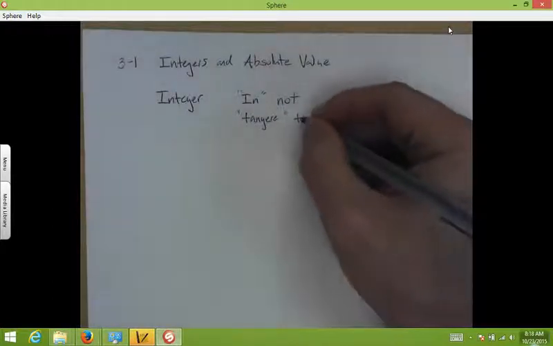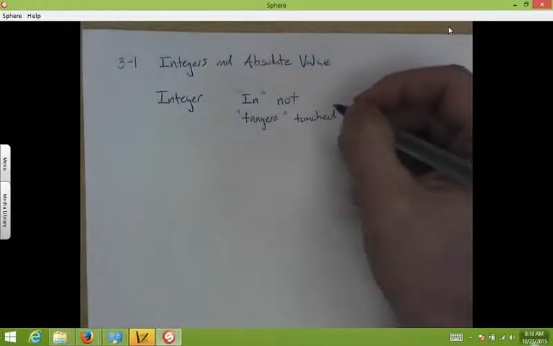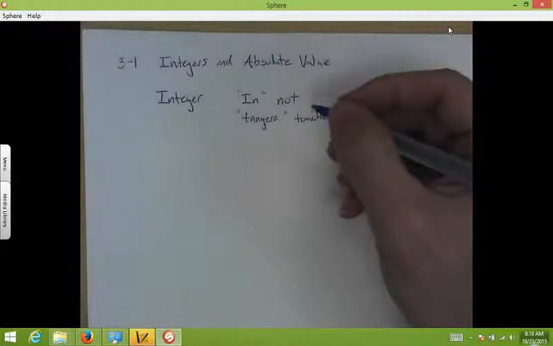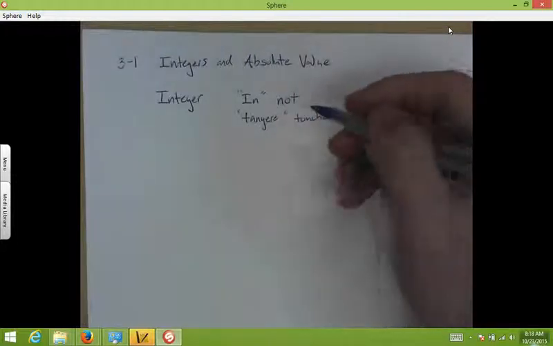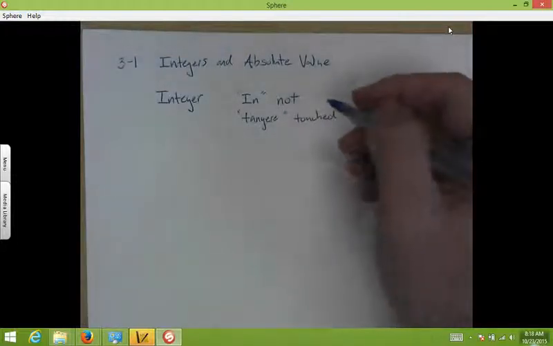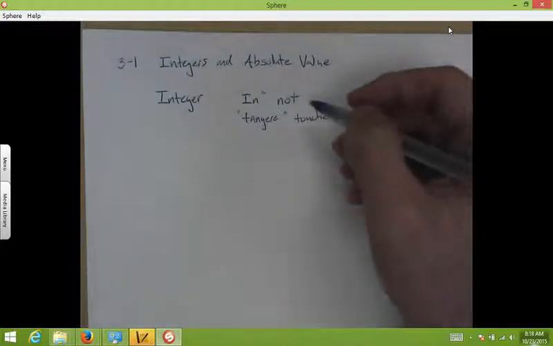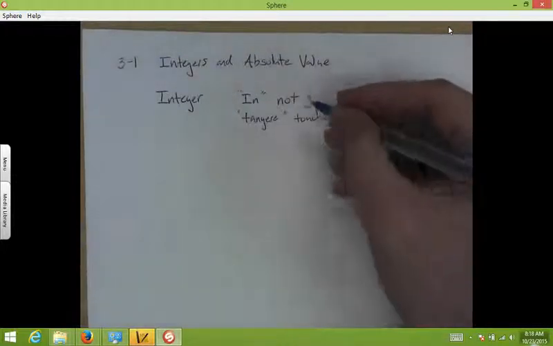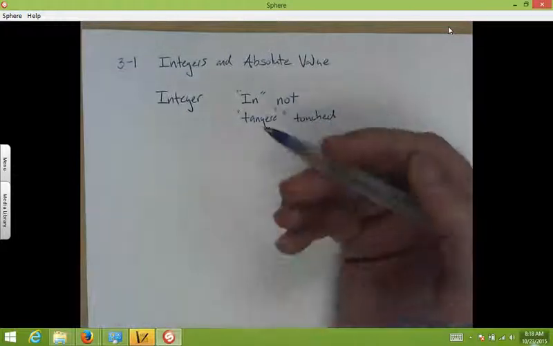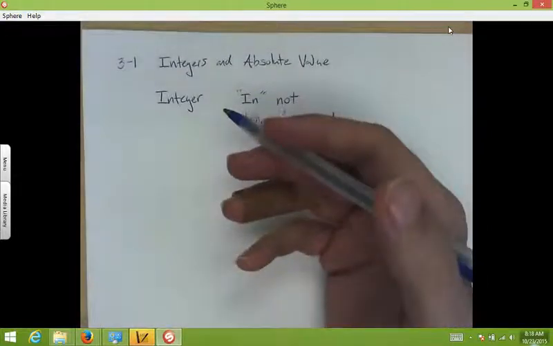So when you put them together, not touched, or another way to think of it is complete, whole, okay. So undivided. So an integer is a whole number, complete, undivided.